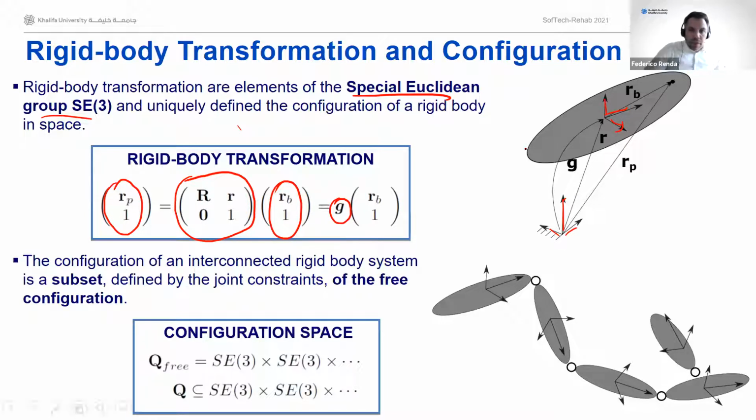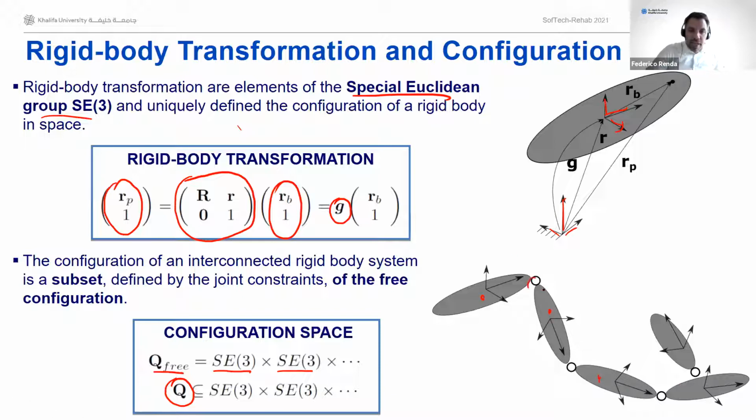Now, if we have an interconnected system of rigid bodies, then we can define the configuration space as a subset of the free configuration space. The free configuration space is the Cartesian product of the special Euclidean group for each of the bodies.